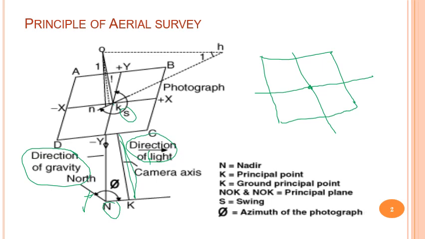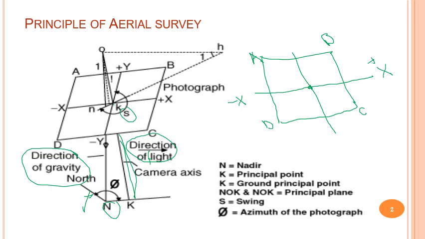This is ABCD, the photograph. This is A, B, this is C, and this is D. This axis is, suppose, the positive x which is considered, and this is the negative y.